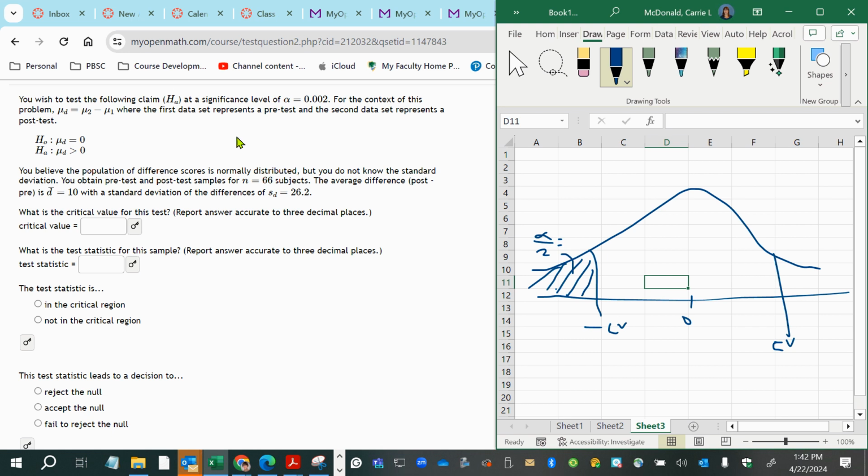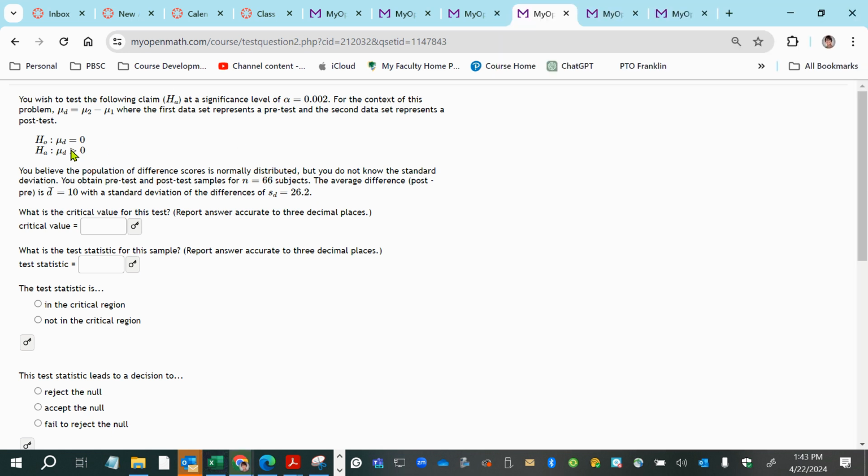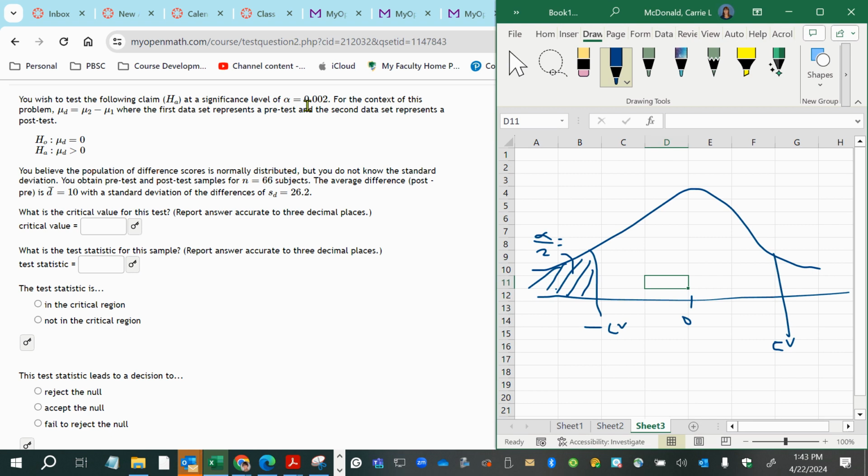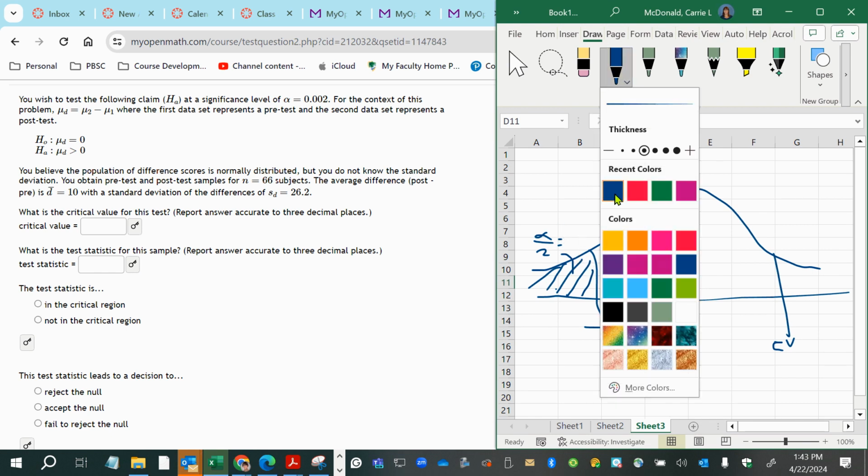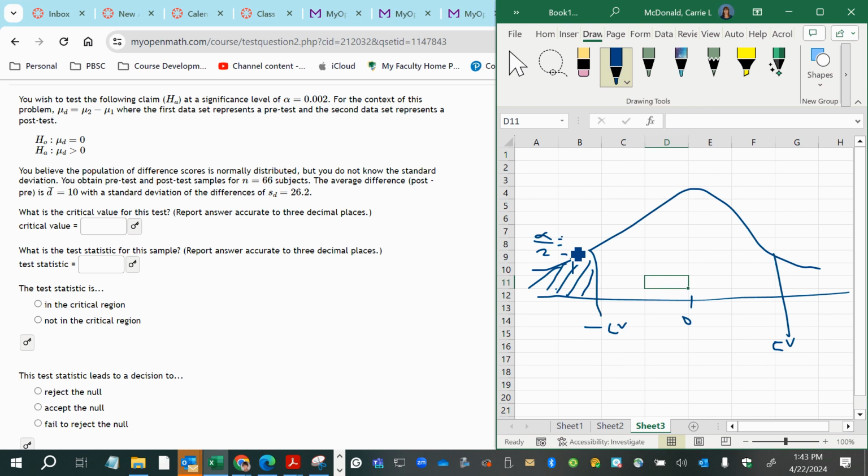If your symbol right here had been a not equal to sign, then we would know it was two-tailed. We would take this alpha of 0.002 and divide it by 2, and we would have used that when doing the inverse t to find our critical value.